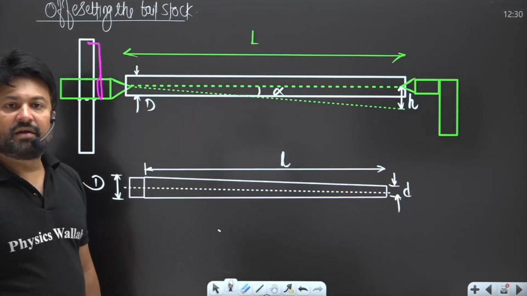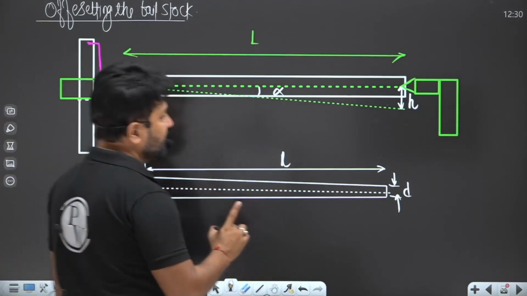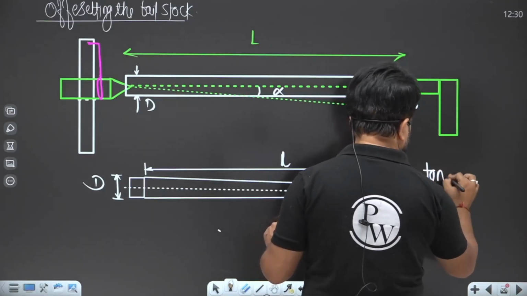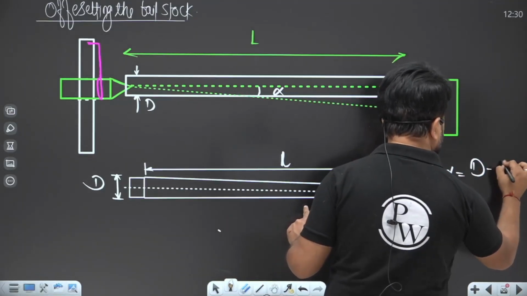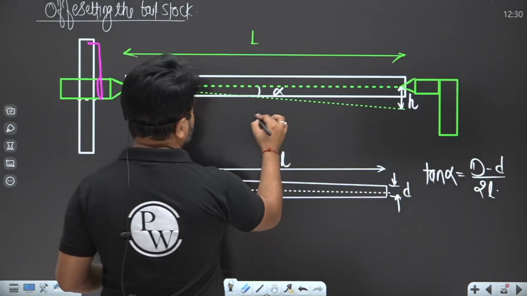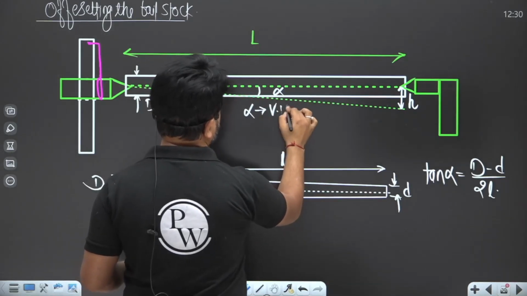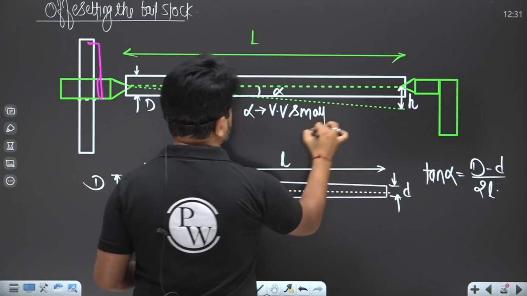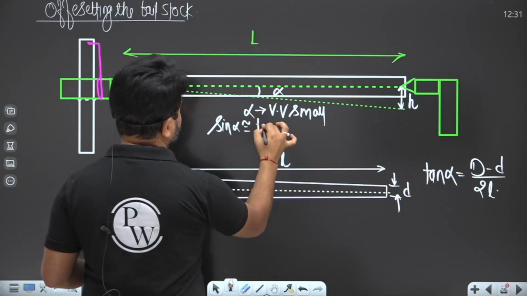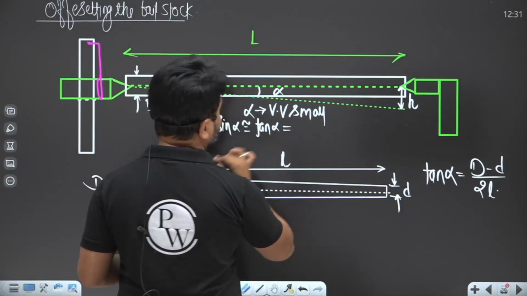And that is capital L. So my dear student, listen to me carefully. You know that tan alpha equals capital D minus small d divided by 2l. Here alpha is very, very small, so whether you take sin alpha or tan alpha, it will be almost the same.